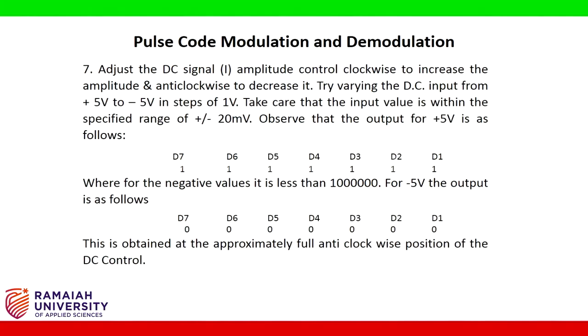For minus 5 volt the output is as follows. D7 is 0, D6 is 0, D5 is 0, D4 is 0, D3 is 0, D2 is 0, D1 is 0. This is obtained at the approximately full anti-clockwise position of the DC control.